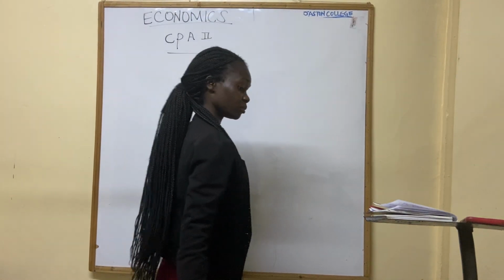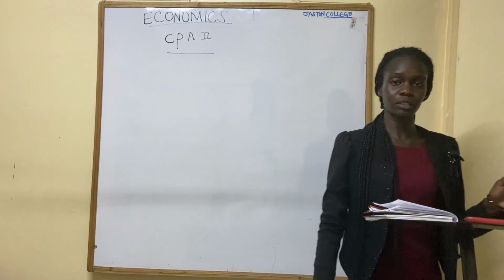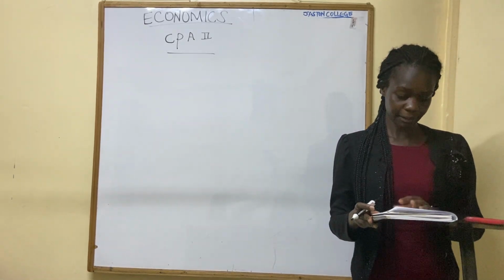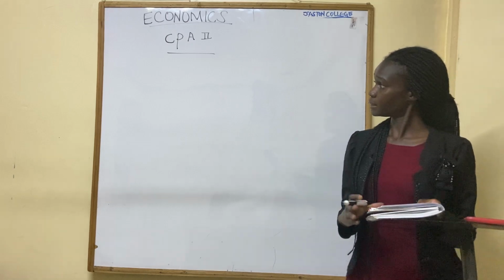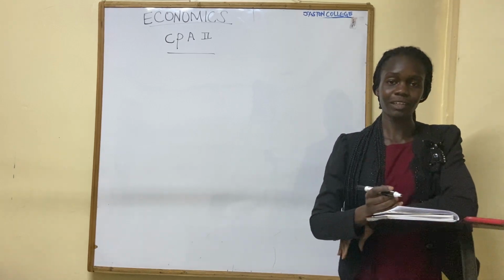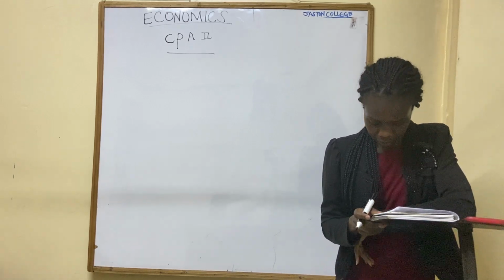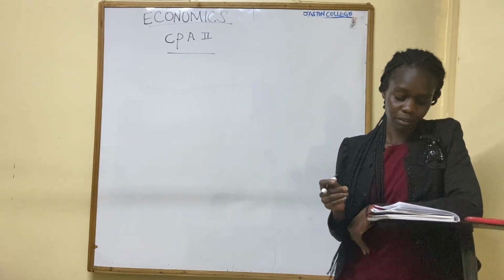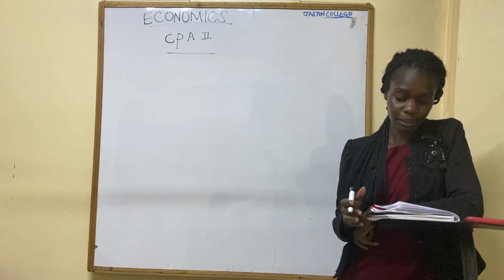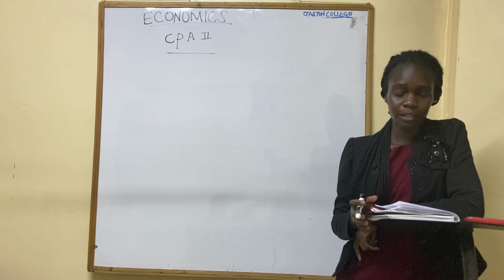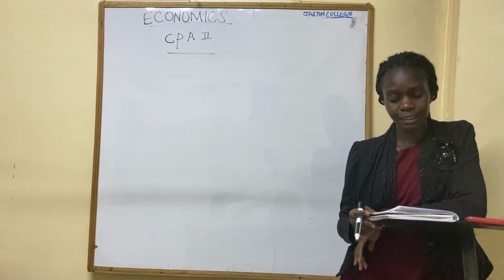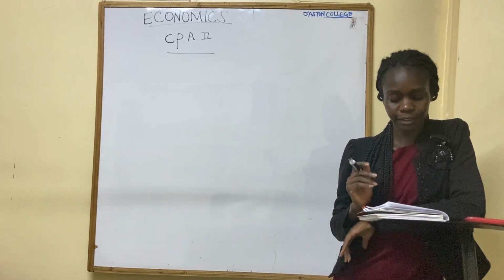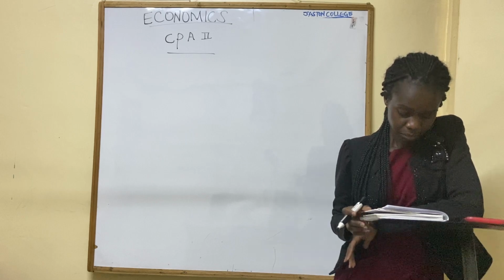We are going to discuss the fluctuations in agricultural product prices. In agriculture, there are many factors which cause prices to go up or down. This includes weather, diseases and pests, seasons, taxes and subsidies.